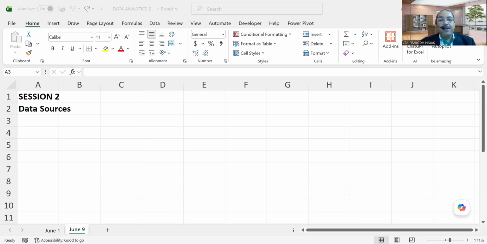So data sources, basically data is available as we have seen in the first session. We can have data which is in structured form, unstructured form, semi-structured form. It may be in the form of text, videos, images, Internet of Things, and so on.